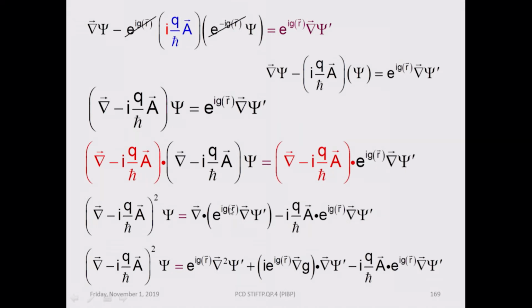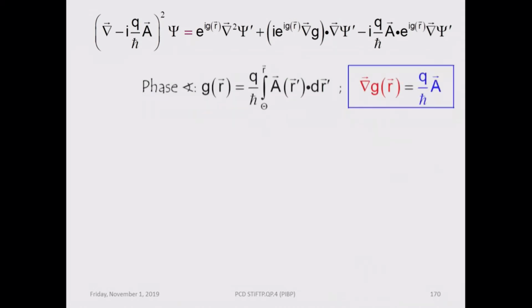So it will be this times the Laplacian of psi prime plus the dot product of the gradient of e to the igr, which is this, with del psi prime. Okay? Got it? So this is the divergence of this term in the bracket, consisting of these two terms, one involving the Laplacian of psi prime and the other involving the gradient of g, but we know what they are.